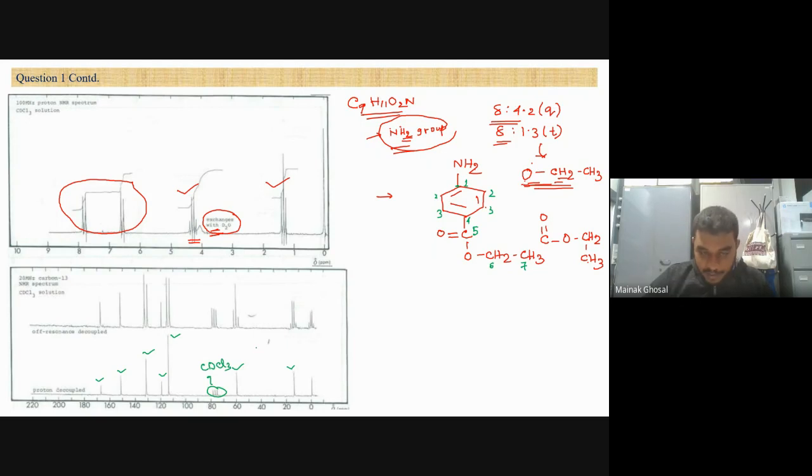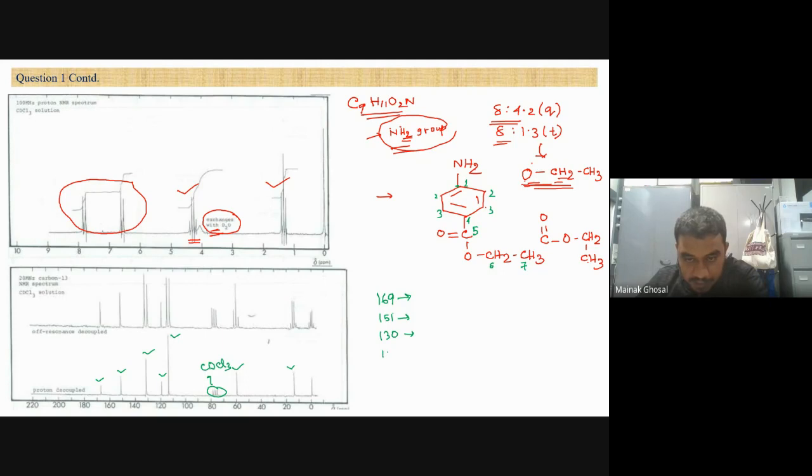Now you need to assign which kind of peak is which one. You can see a peak at 169. You can see a peak at 151. You can see a peak at 130.